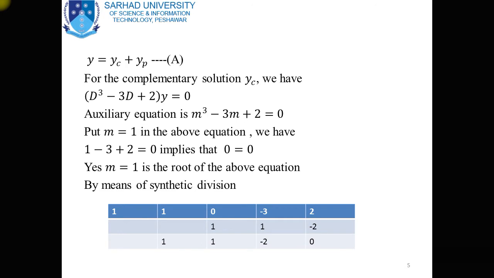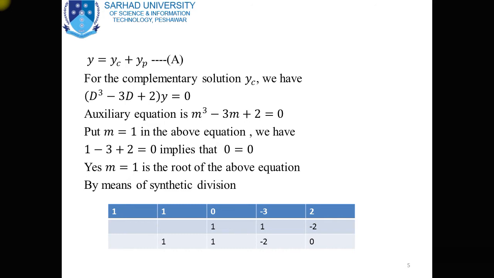For real repeated roots, the complementary solution will be c1 plus c2 x plus c3 x square, e power mx, supposing three roots are real and repeated. For complex repeated and complex unequal roots, the complementary solution has a different form, and we have already discussed all these cases in the previous video lectures.